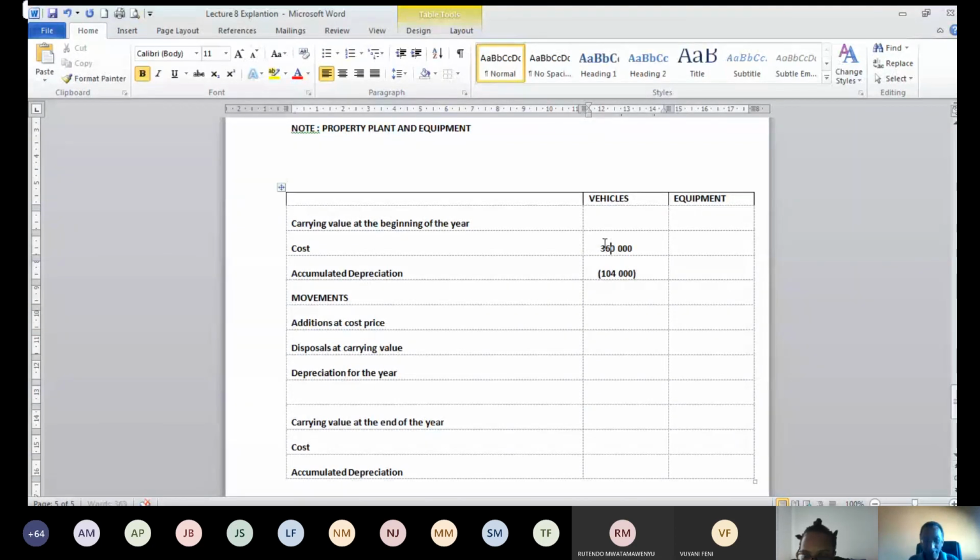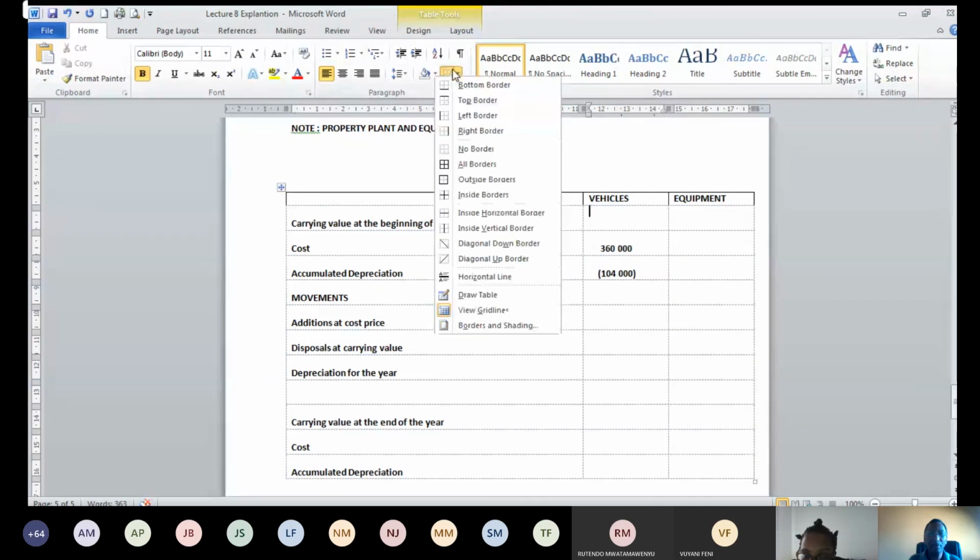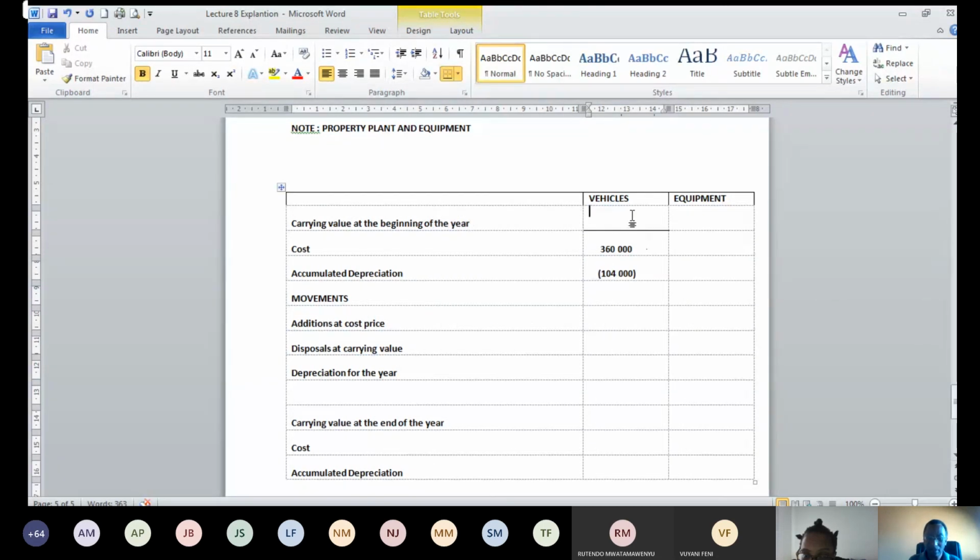That is the opening balance of accumulated depreciation. My carrying value at the beginning of the year will then be 256,000. Carrying value is cost minus accumulated depreciation. Okay, all clear on that one? That is my situation in the books at the beginning of the financial year. Now I'm going to take a look at my movements.